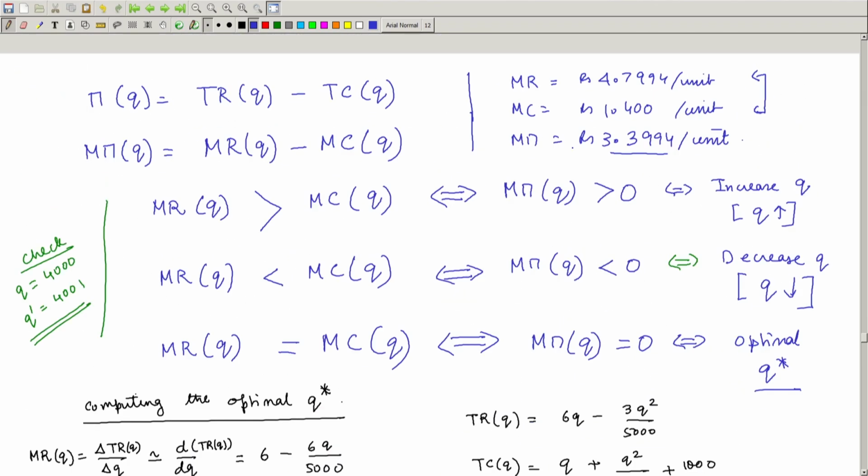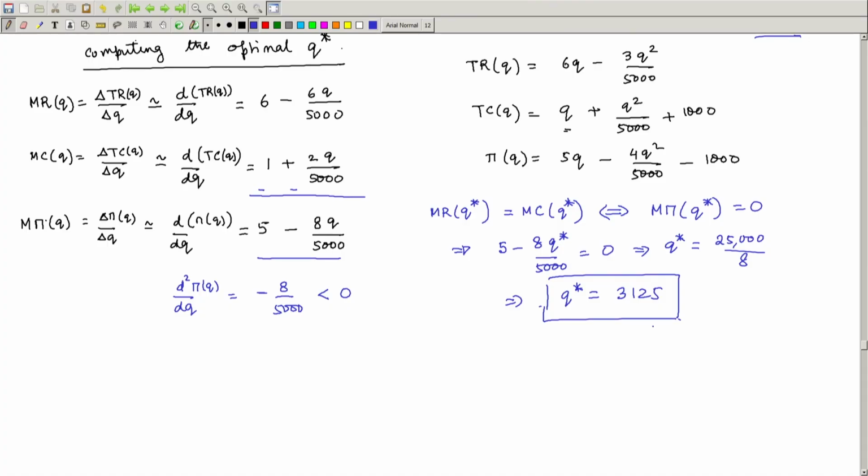And in the last class, I asked you to check what you learn from the marginal analysis at q equal to 4000. I would urge you to go back to your computation. You will find that at q equal to 4000, the marginal profit will be negative. That tells you that increasing q is going to cause the profit to fall.